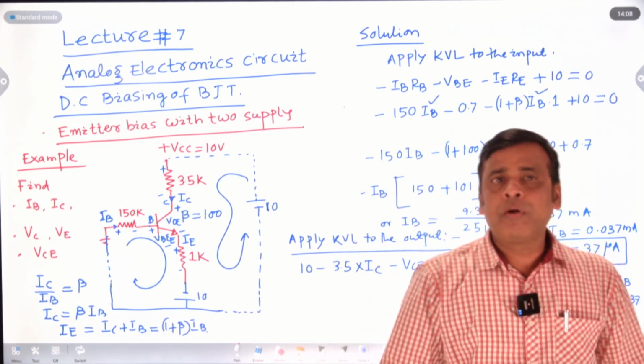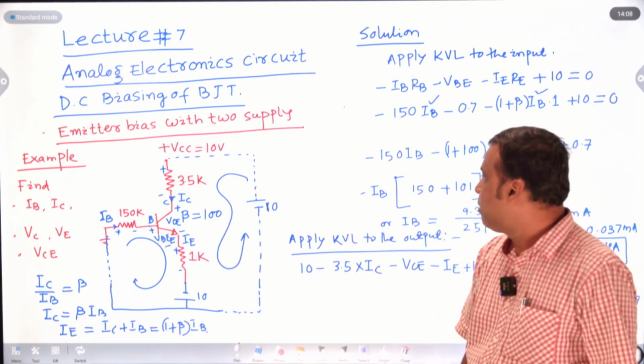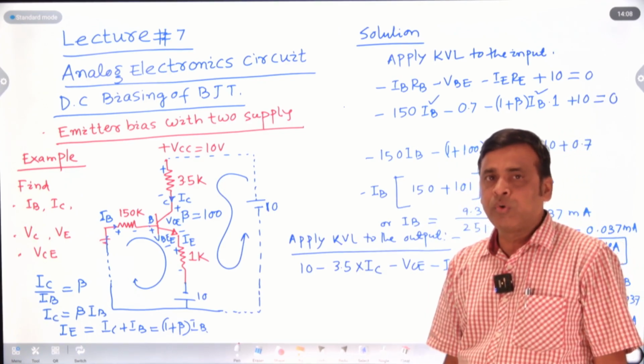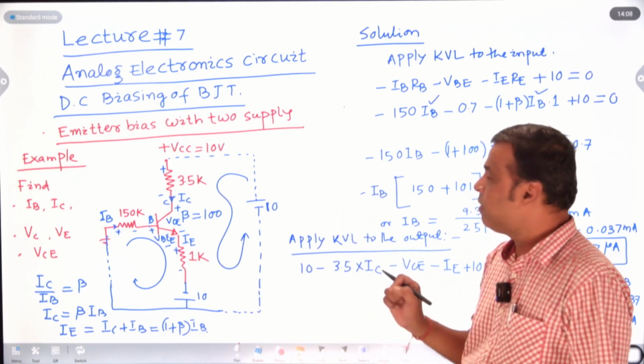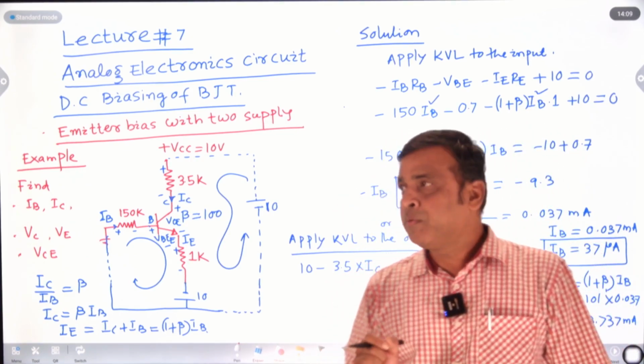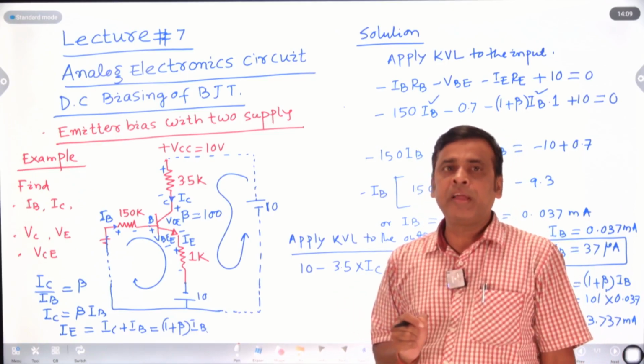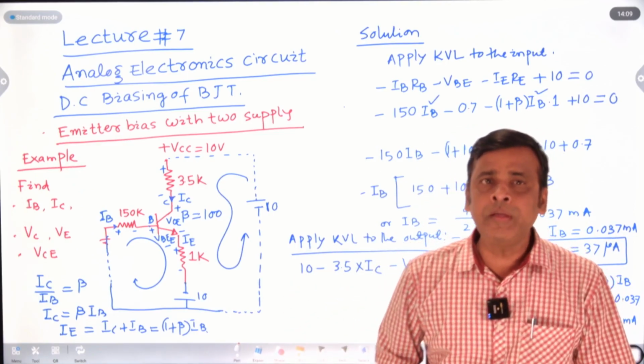If you do not apply KVL properly to both input and output, your entire calculation will be wrong. If there is a resistance, multiply with the current. If there is a voltage, consider that voltage. If you move from plus to minus, that is minus. If you move from minus to plus, that will be plus.